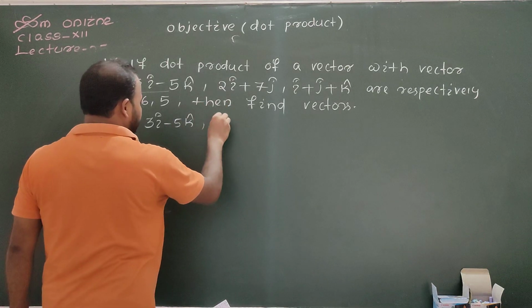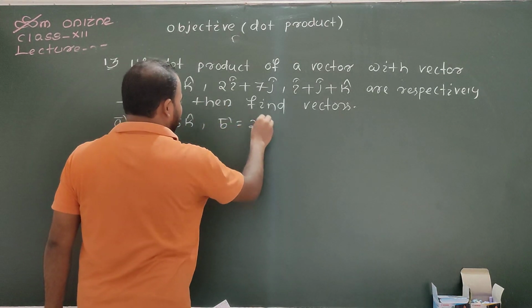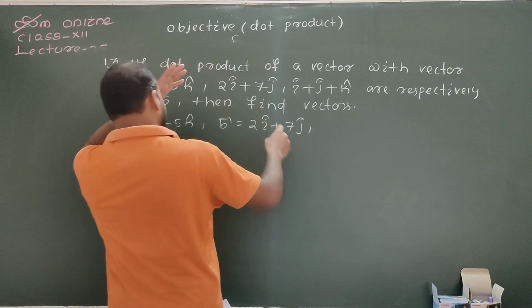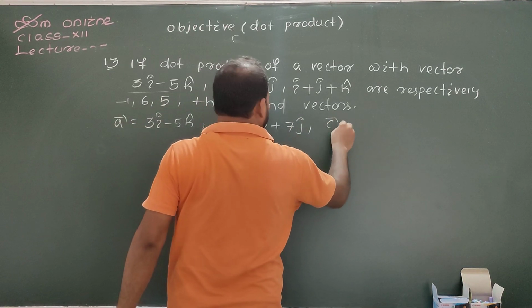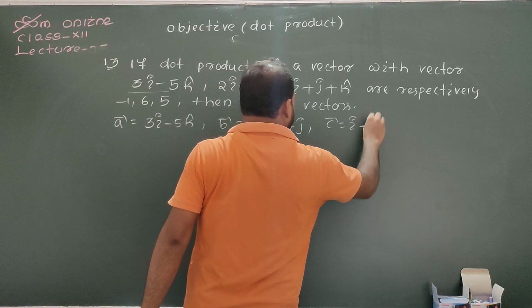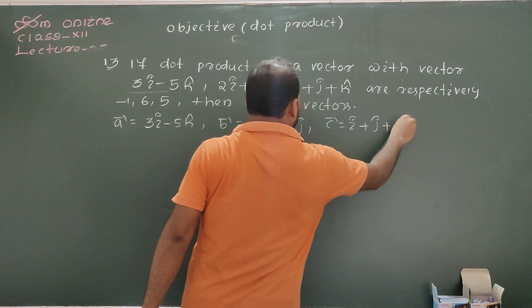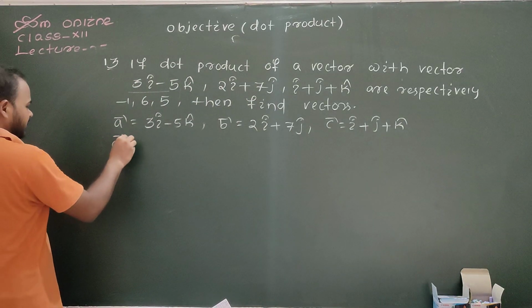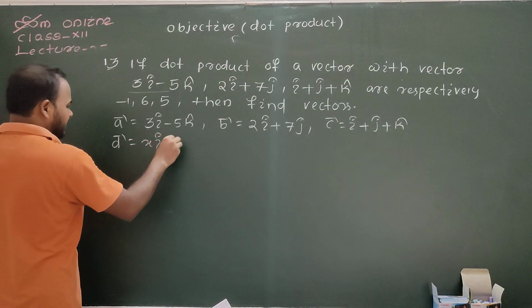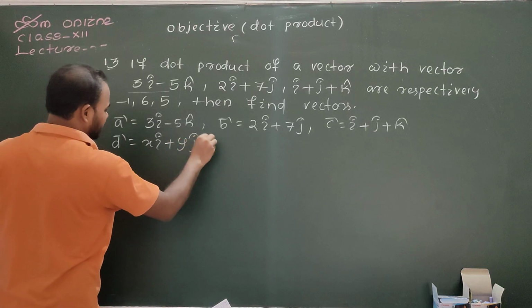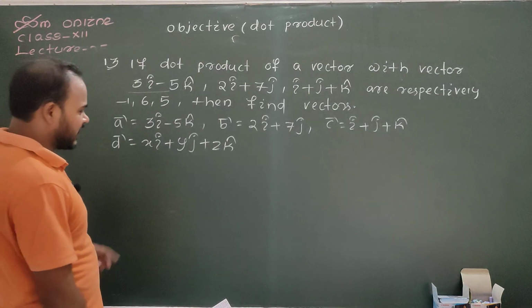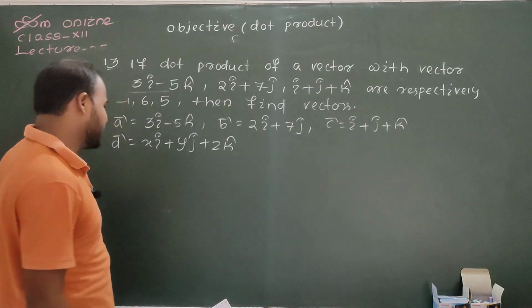This is suppose vector B, that is 2i cap plus 7j cap, and let it is vector C, that is i cap plus j cap plus k cap. Now let a vector D, which is xi cap plus yj cap plus zk cap. We need to find out the value of x, y and z.